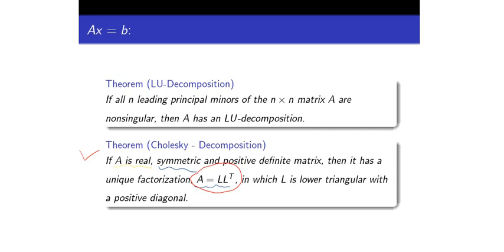That is very clear, because whenever you obtain L into L transpose, the diagonal entries are nothing but the squares, positive diagonals.